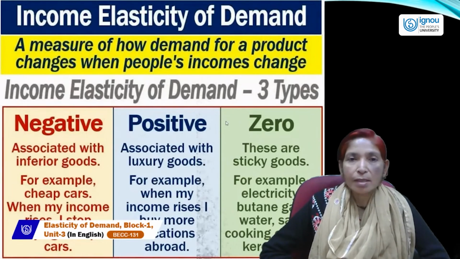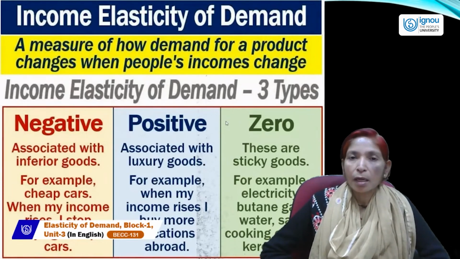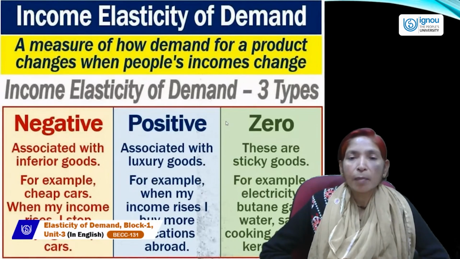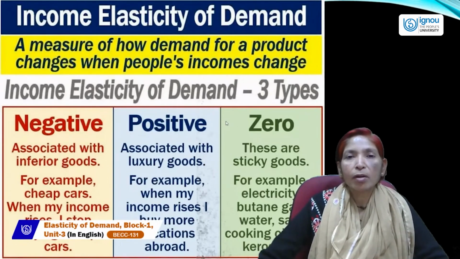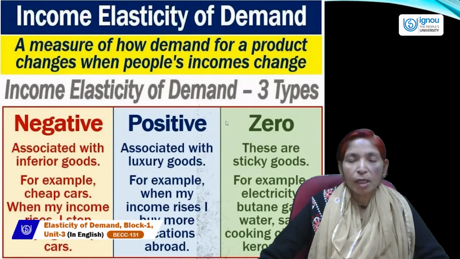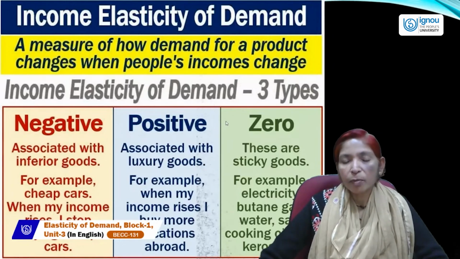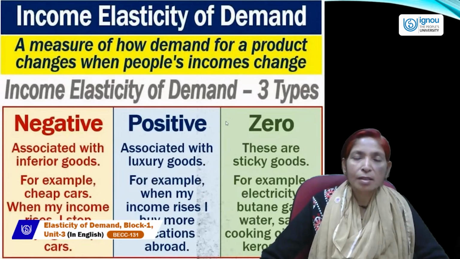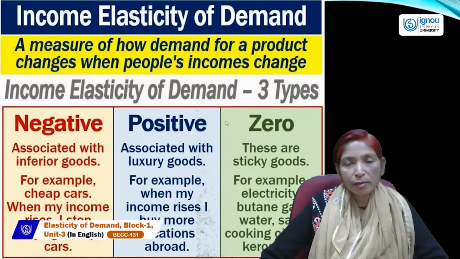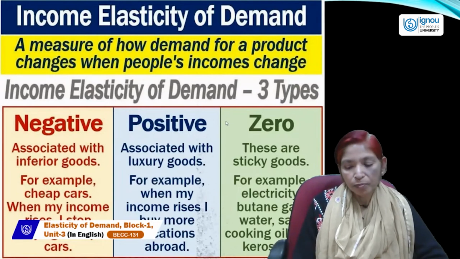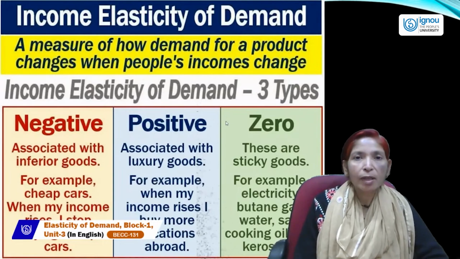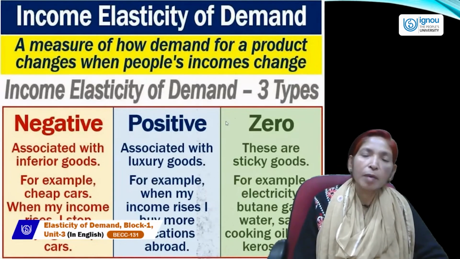So, in case of necessary goods, income can't influence the demand. In this case, income elasticity will be called zero. So income elasticity of demand in case of necessary products will be zero, in case of luxurious products it will be positive, and in case of inferior products it will be negative. These are the three types of income elasticity of demand.